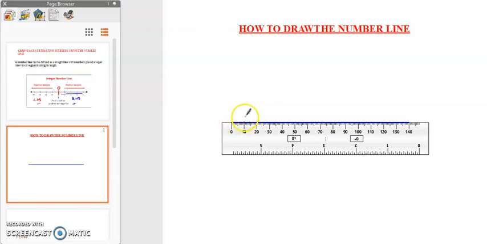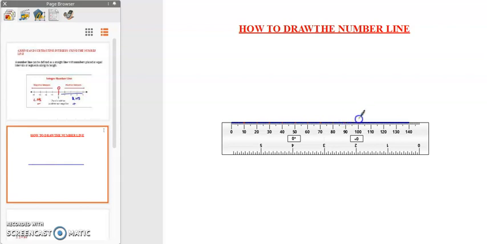Let me put my first mark right here. 10, 20, 30, 40, 50. I'm placing the points where I will have my numbers on the number line.